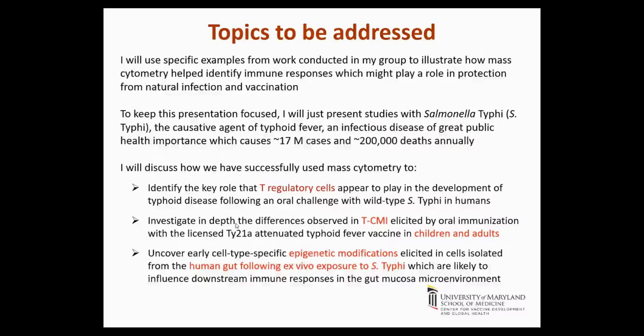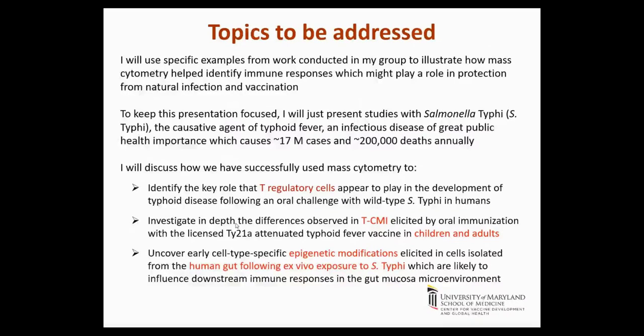So I will focus on 3 different projects that we performed over the last few years, in which we have used mass cytometry to, for example, identify the key role that T regulatory cells play in the development of typhoid fever by using a unique model in which volunteers are orally challenged with wild-type Salmonella Typhi.